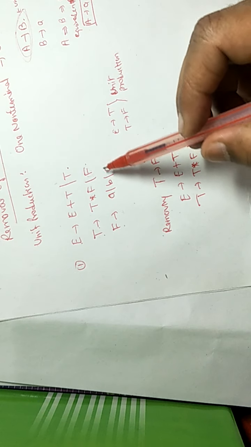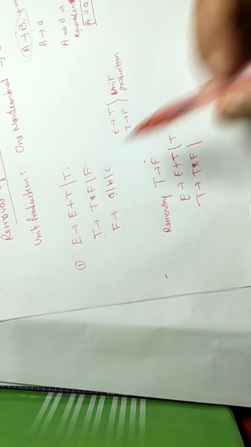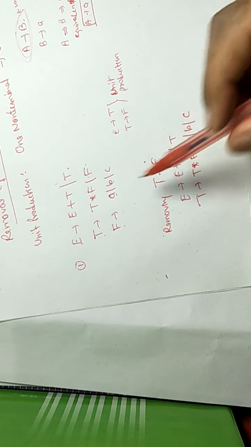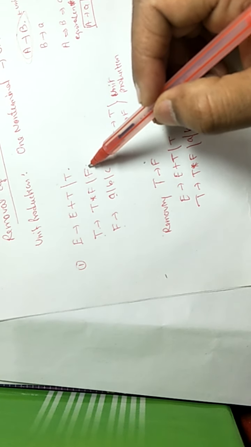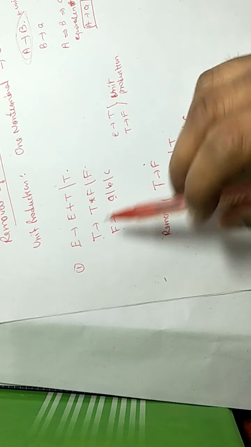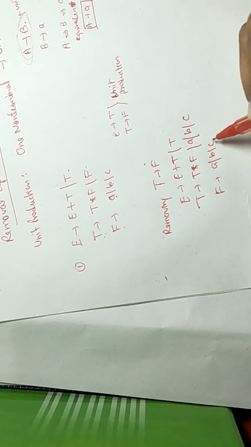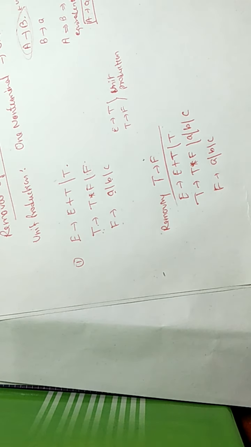The value of F is either A or B or C. We have to put all productions of F in the place of F here. So we have removed T tends to F, and now we have this grammar.